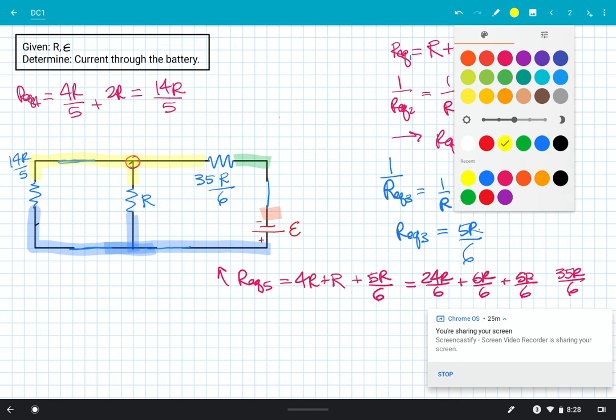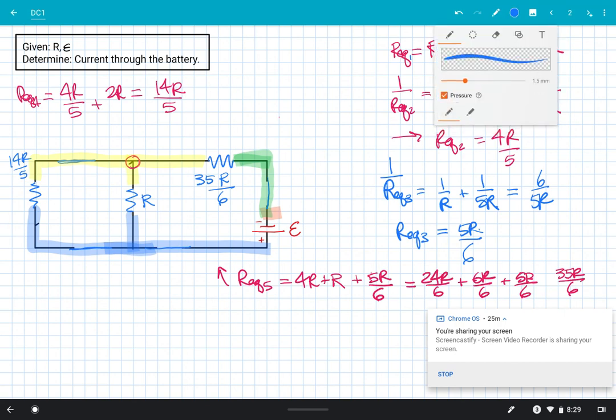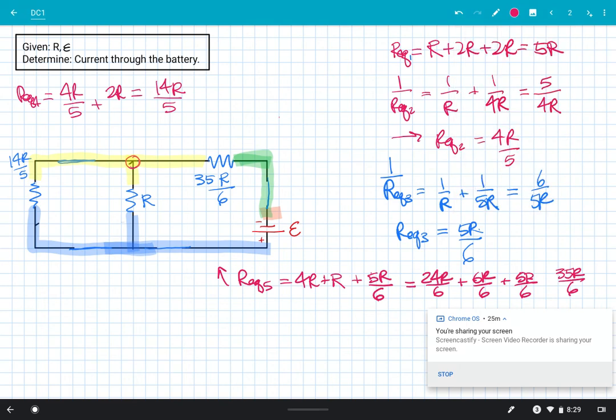And this whole part there as green. Okay, but what I really was going to get to next was the next simplification, which is these two resistors here would need to be simplified. Those are in parallel, so I'll call that R equivalent 6.